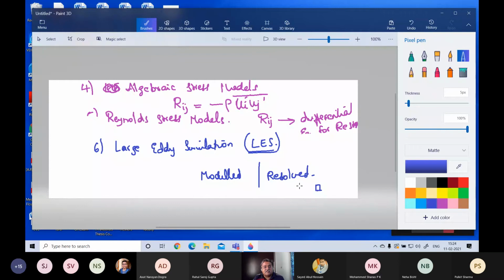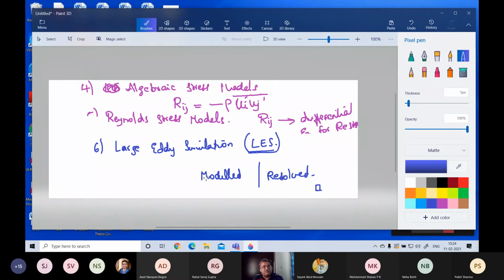When we do that, we call it resolved length scales. As I told you, in the US, the defense labs and companies like Boeing and Lockheed Martin, who manufacture aeroplanes, rockets or missiles, have the computer resources that will run LES. Believe me, it's much more accurate than either the Reynolds stress models or the two equation models.